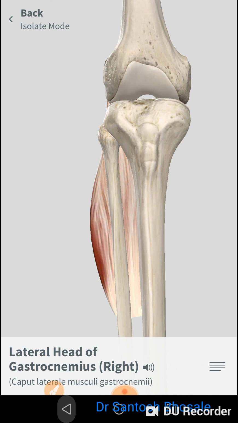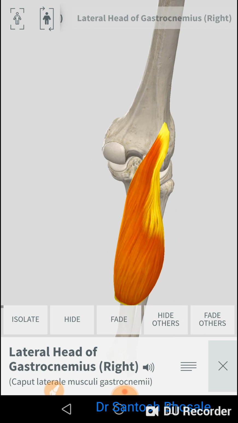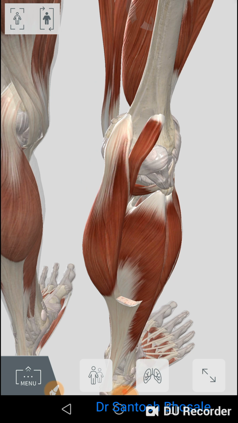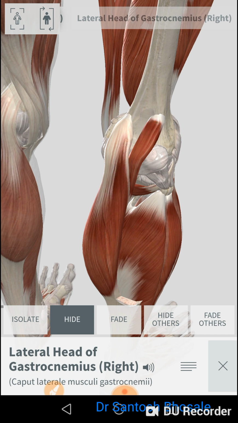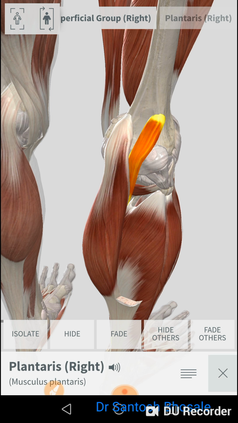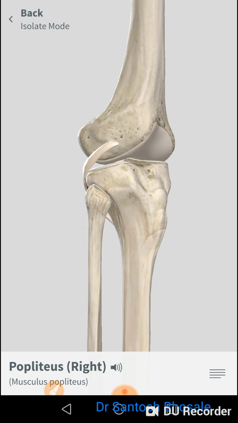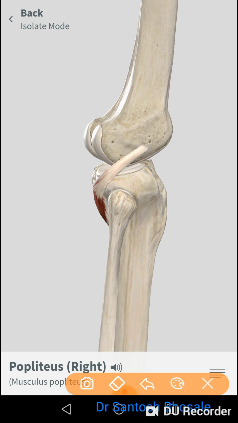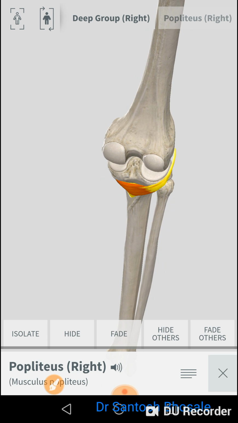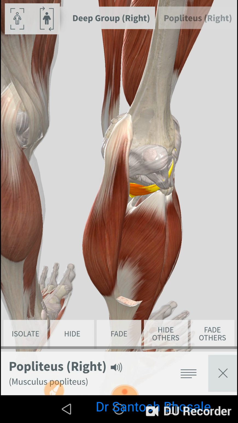If you take out here, you can see that is plantaris. Here you can see the popliteus muscle takes origin from the groove below the lateral epicondyle. This is the groove here. It takes origin from there, and the popliteus muscle is an unlocking muscle, whereas quadriceps femoris is a locking muscle of the knee joint.